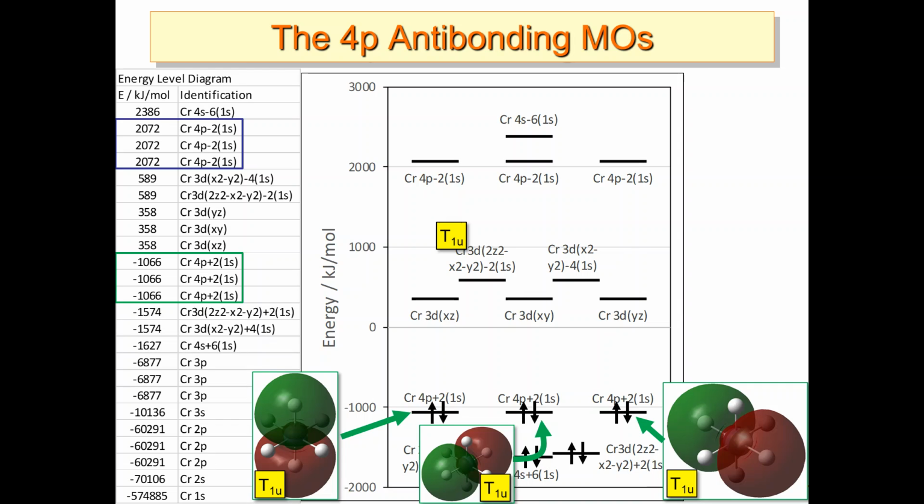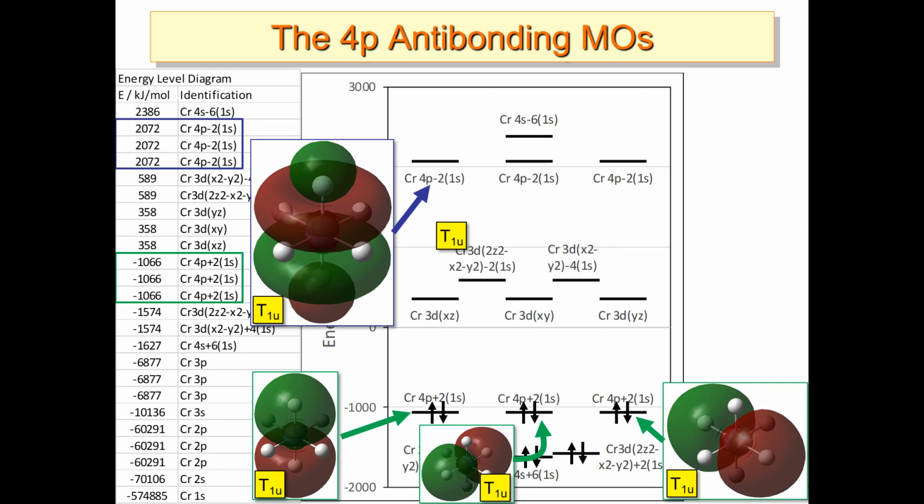Now let's look at the 4p antibonding orbitals. So you might imagine if this is the py orbital, if I just change the color of that hydrogen on either end, then I'm going to have nodes that break those bonds as well. So up here you see the pz. Just like we drew in our molecular orbitals for the diatomics, for those pz bonds, you have nodes that break those bonds.